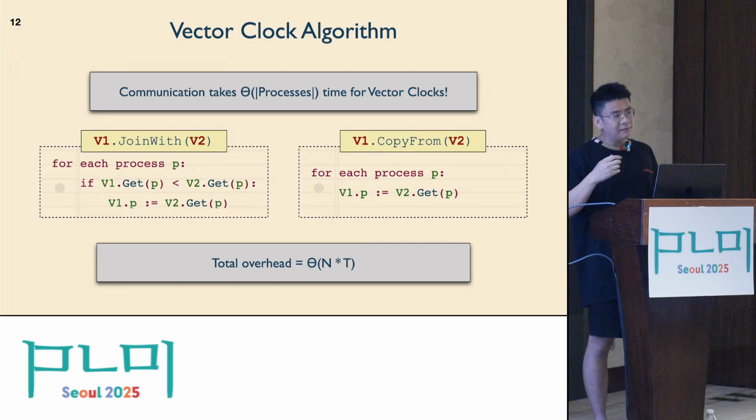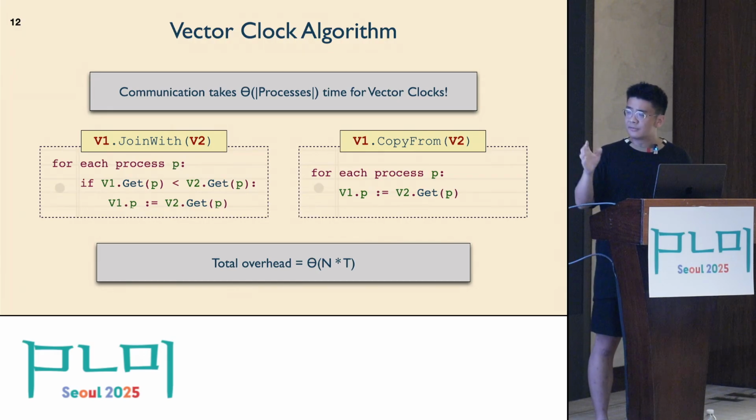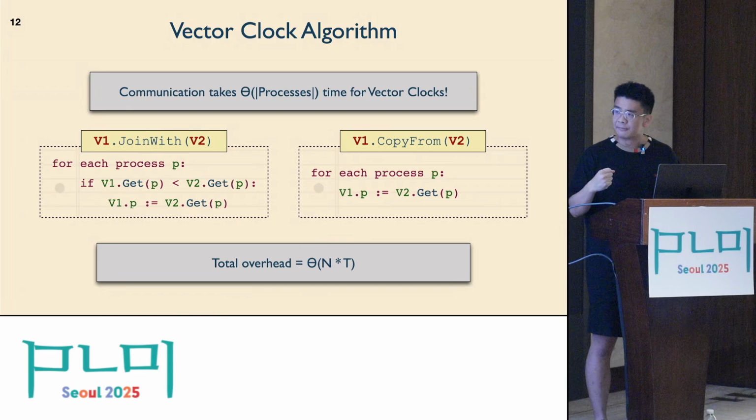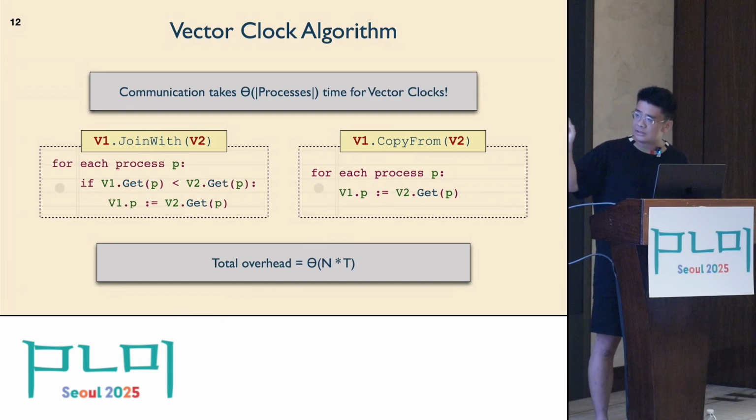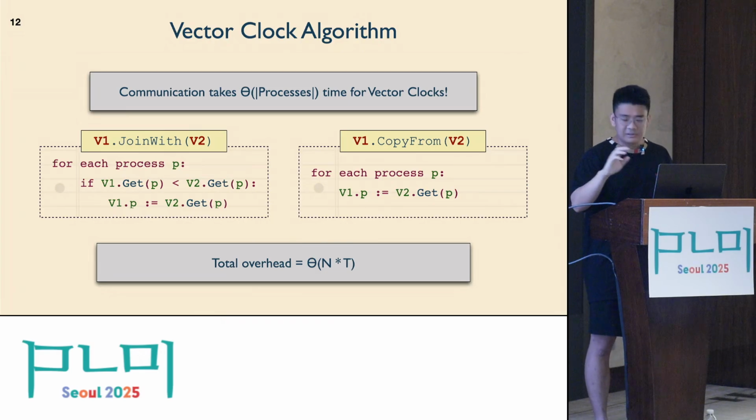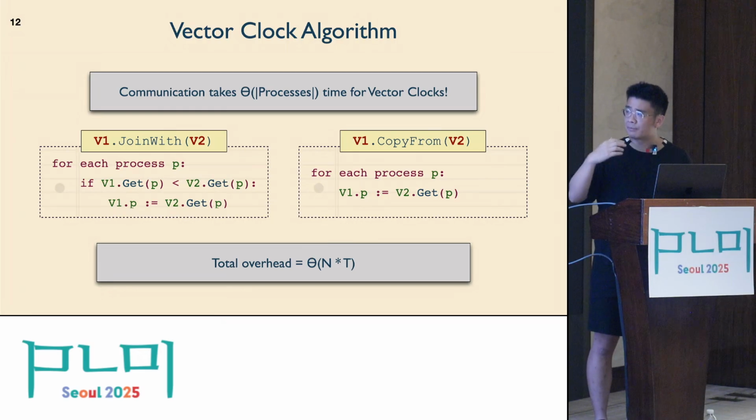Intuitively, when I receive information, I would like to learn from it. So the vector clock data structure supports an operation called join, which takes two vector clocks and returns the pointwise maximum. And when I send information, I would like the lock to carry my knowledge. So I just want to copy whatever I have. So the vector clock also supports this copy operation.